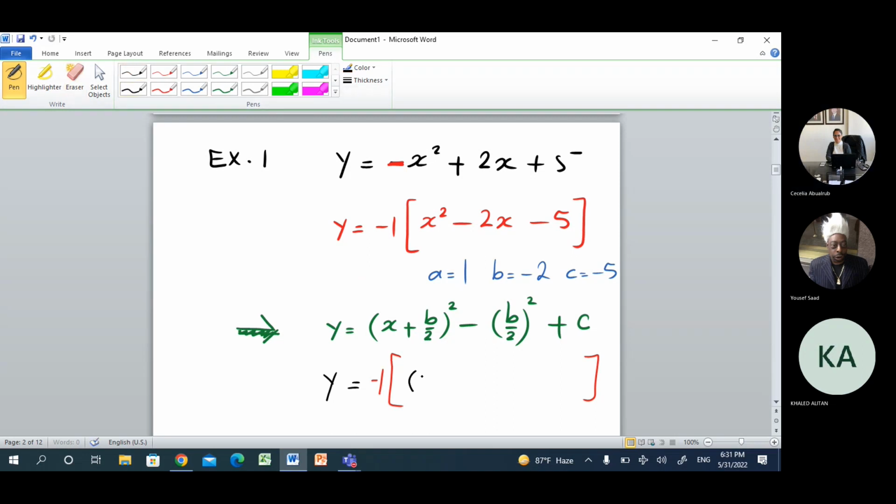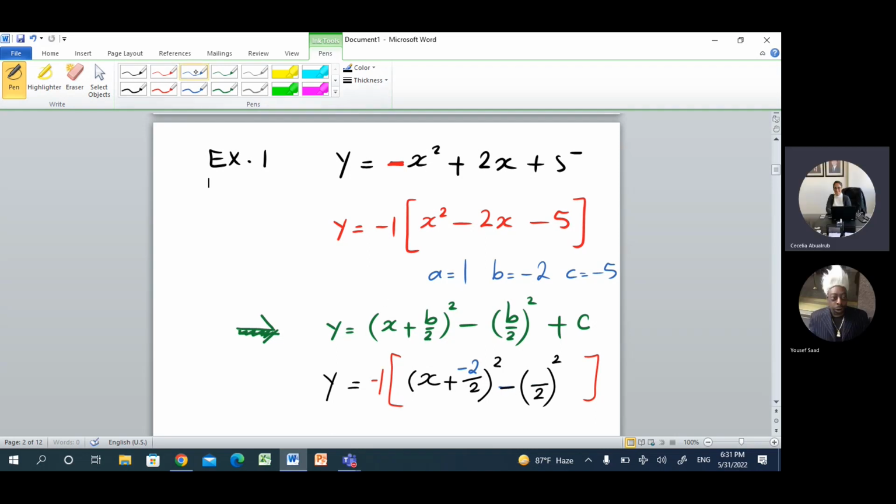So x plus b over 2 to the power of 2. What is b? b is -2. So you write here -2 over 2. Okay? And then minus, that squarish bracket, b over 2 to the power of 2.